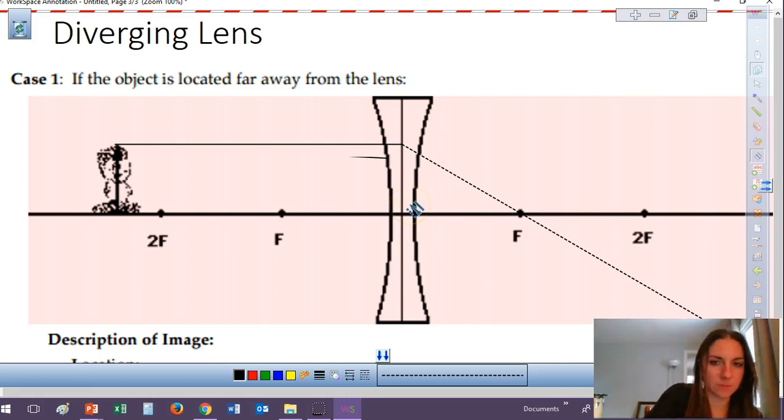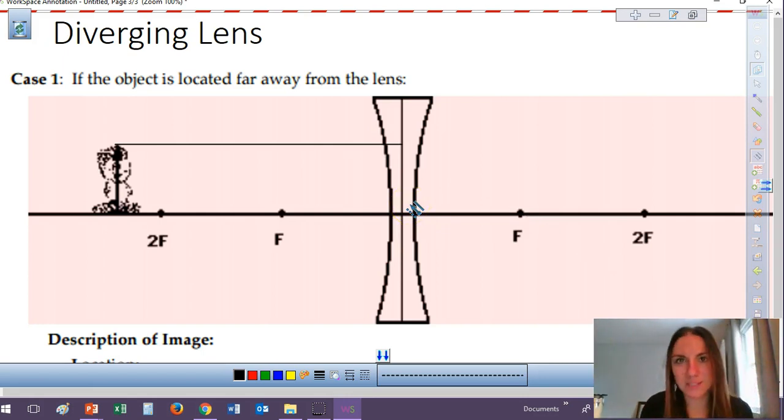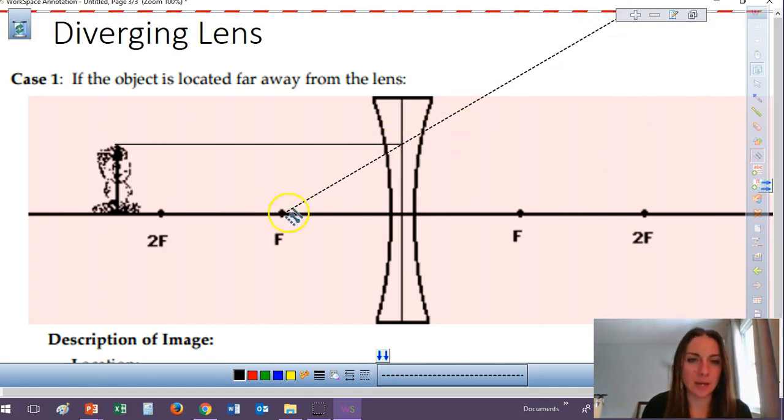Oh my goodness. I'm glad that I caught that. Common mistake: my refracted ray goes through the focal point, but it goes this way. There we go. That's what happens when you go too fast. That's better. Remember, diverging lenses send them out like that. And I'll just continue the line like this.